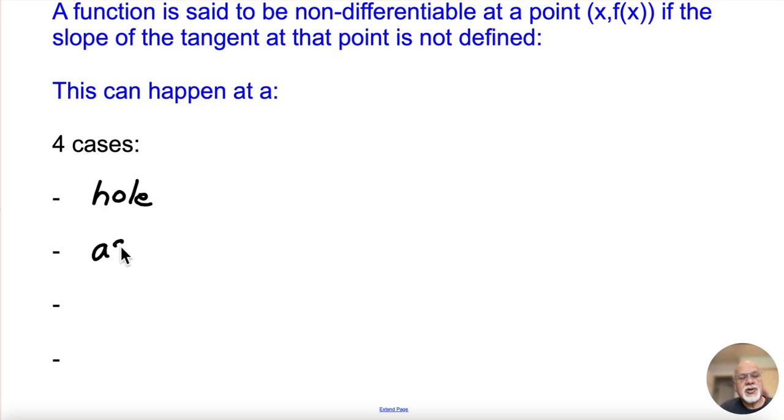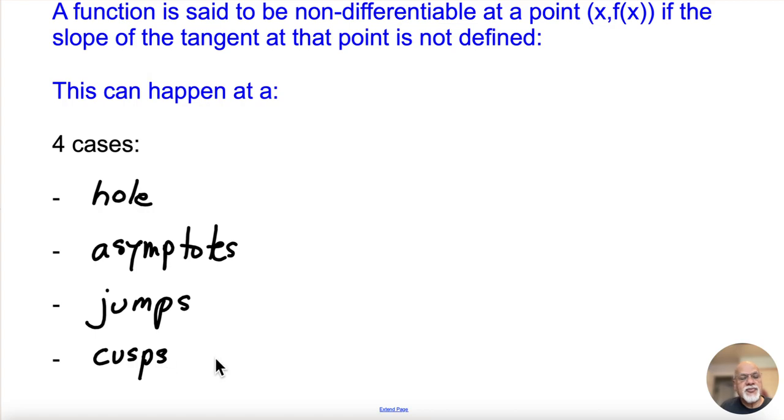Next one is asymptotes, because if the graph splits up, the region breaks up because of the asymptotes, it's not differentiable at that asymptote. Jumps. I'll draw pictures of all of these things in a moment. That's where the graph jumps from one place to another. I'm talking about the y value here. And the last one, which we've not encountered yet, but you'll see very soon, is cusps and corners. These are grouped together.